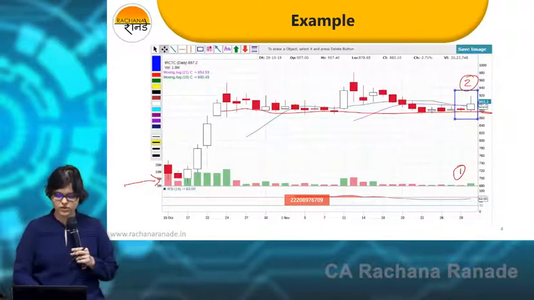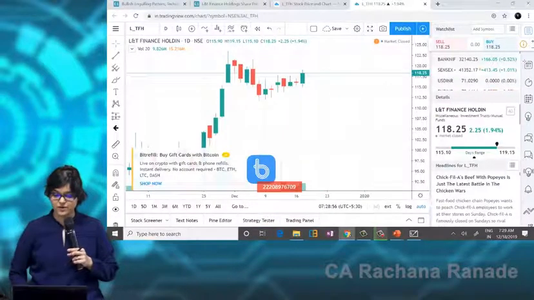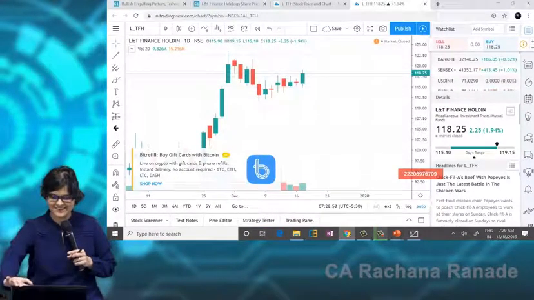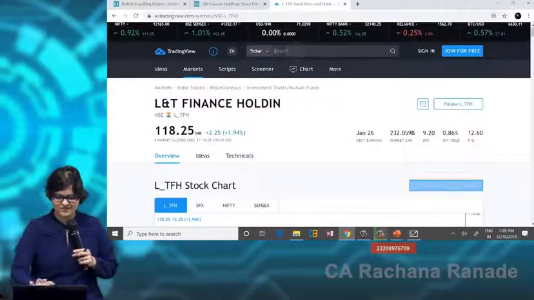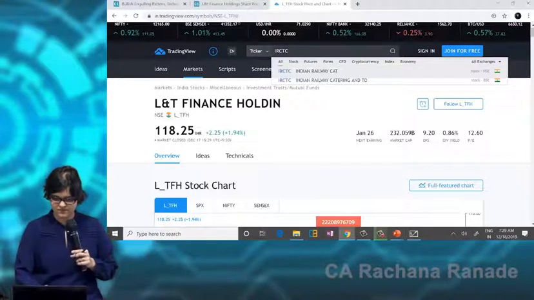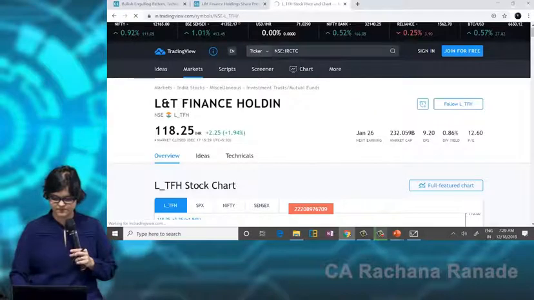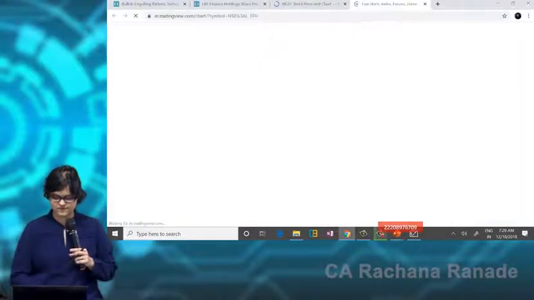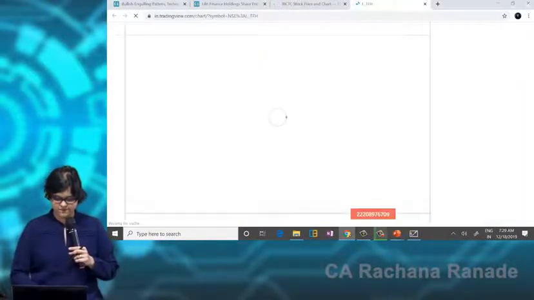Which one? IRCTC, what has happened? Okay, that is an interesting one. IRCTC, NSE, full feature chart. So when did I take this screenshot?